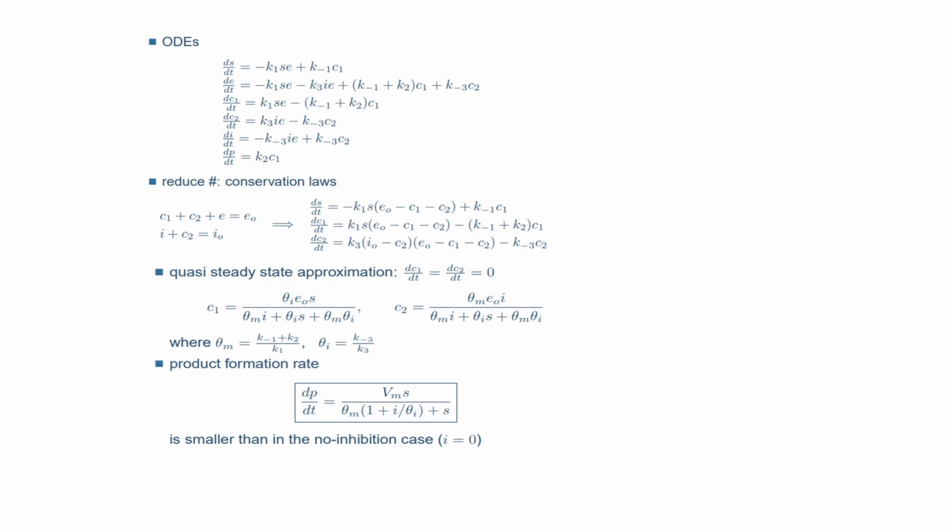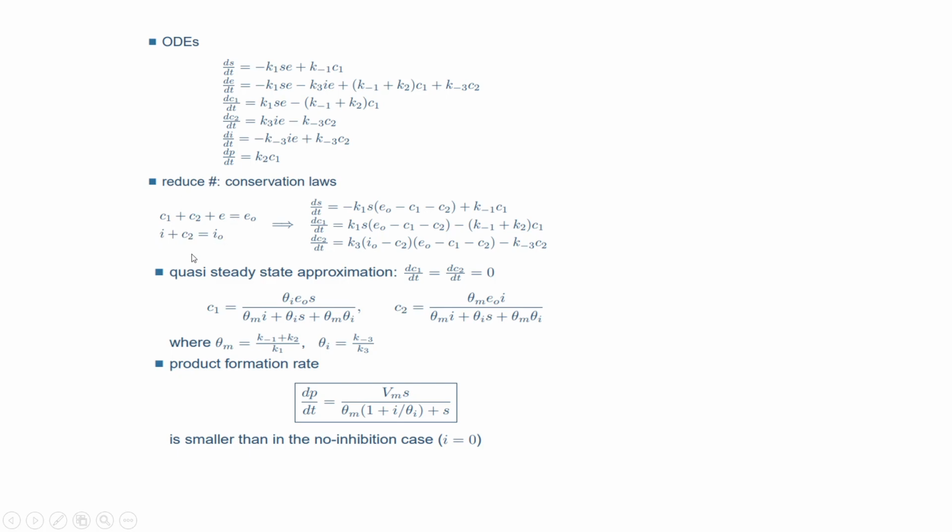And now you'll have conservation laws. Your initial enzyme concentration, your E naught, will be the sum of the concentration of complex 1, complex 2, and the free enzyme. So this will be one of your conservation laws. The other conservation law will be that your initial inhibitor concentration is the free inhibitor plus the inhibitor in complex 2.